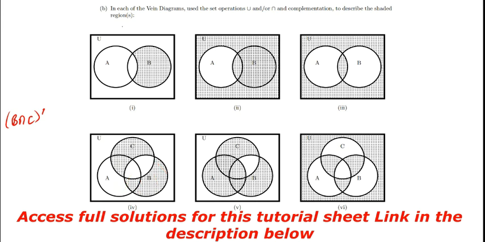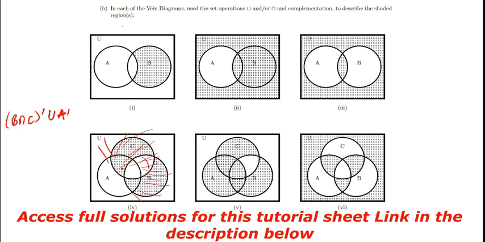So how are we going to exclude that part? We should add elements which are found in A complement. So A complement, these are going to be elements not found in A, any element outside A. If you involve any element outside A, you're going to find that this part is going to be shaded.